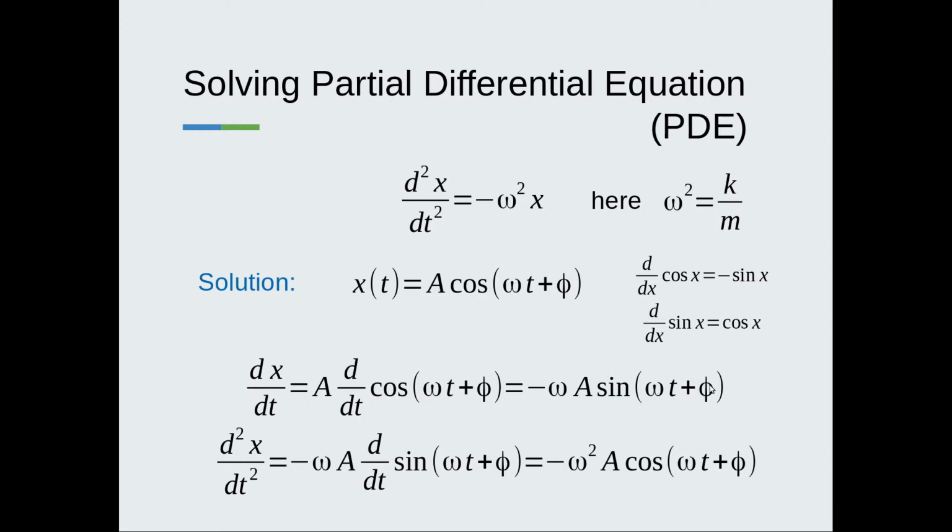You have omega t plus phi in the sine. And then this is the second derivative, so I just skipped the middle. You have the minus sign here, the omega squared, because omega comes out of your sine one more time, and the amplitude, the cosine. Okay, so this is the detailed process when you take the second derivative.